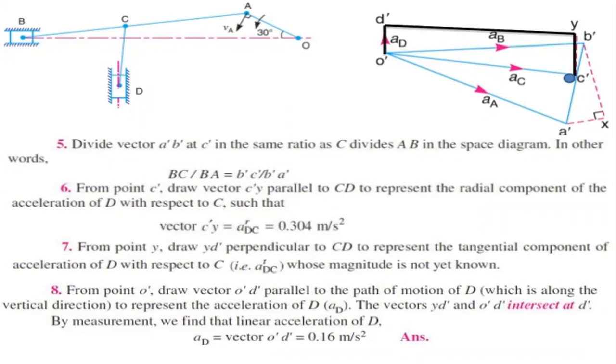Therefore C dash Y is equal to 0.304 meters per second square.